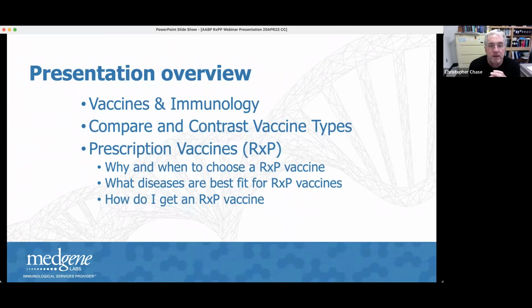We'll begin with a short presentation just talking about vaccines, but particularly the immune response that we're looking for with the vaccine. And then we will compare and contrast different vaccine types. And then we'll particularly hone in on the interesting aspects of using prescription vaccines, why we'd want to use a prescription vaccine, what disease best fits those, and then how do you go about getting a prescription vaccine.